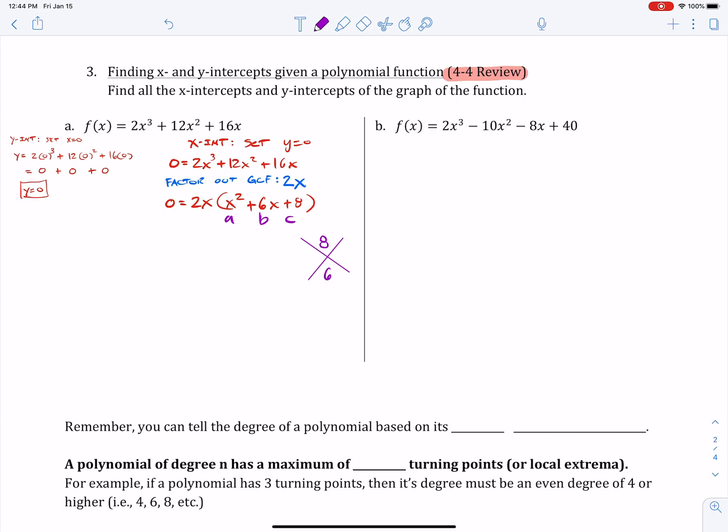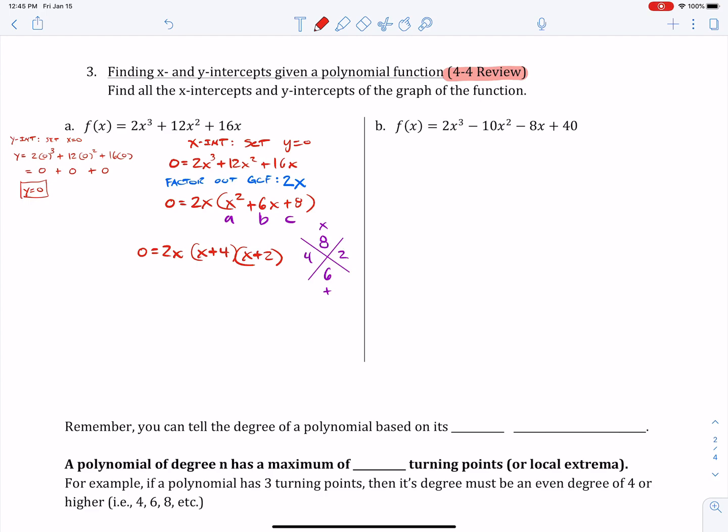And remember, I want to find two numbers that multiply to give me 8 and add together to give me 6. Well, 4 times 2 gives me 8, and 4 plus 2 gives me 6. What I'm left with then is 0 equals 2x, x plus 4, then x plus 2.